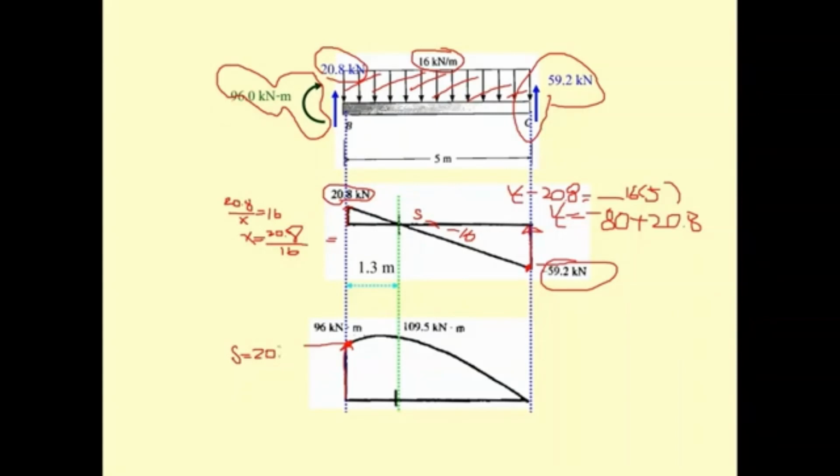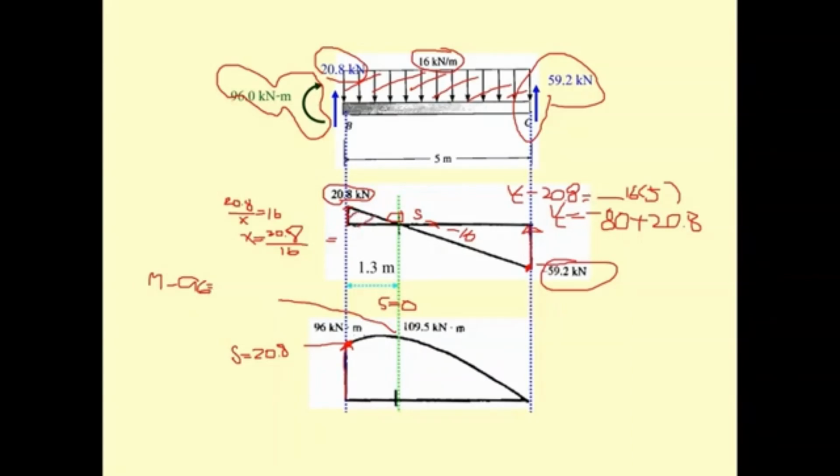This one is positive, right? Okay, it's positive. And then over here the shear is 0, so the slope at some point is going to be 0. And what is the value of moment here? The value of moment here must be M, and then minus 96 is going to equal to the area here.